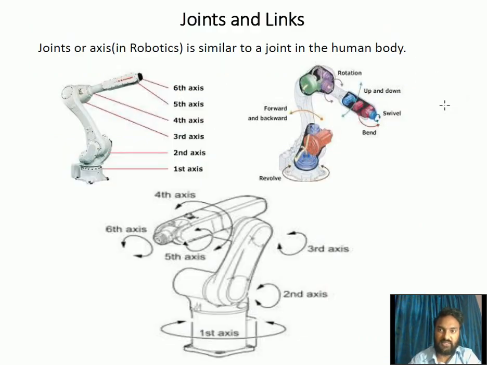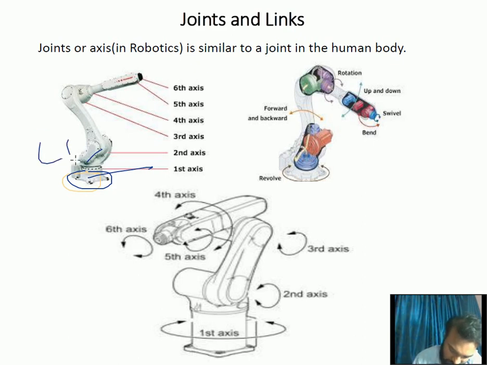Come to the next slide. Here again I am going to discuss joints and links in a manipulator. So the first joint here, this one you see, from the foundation to this part, it is link 0 and this one is link 1.